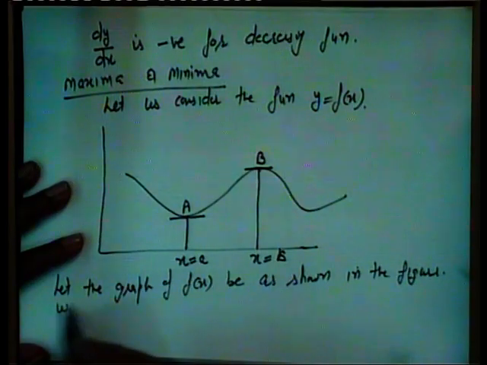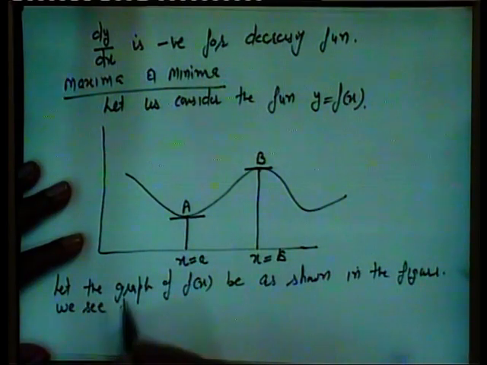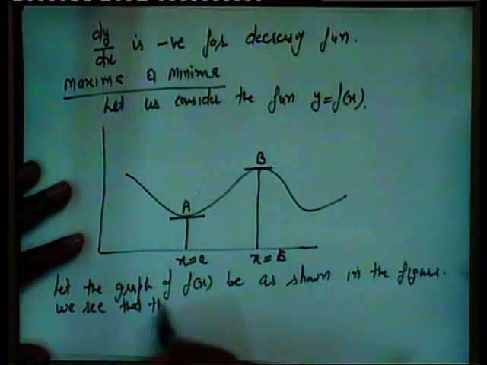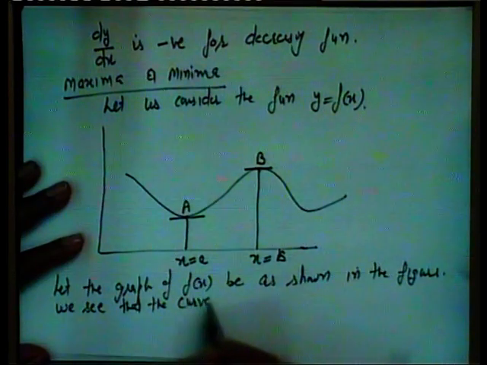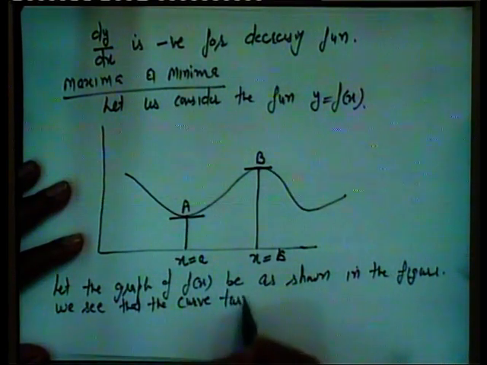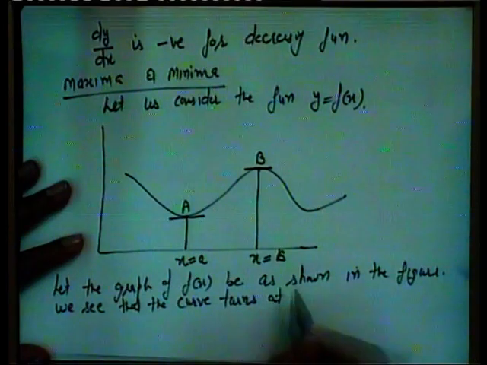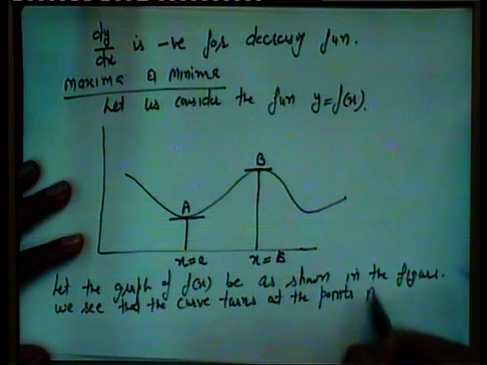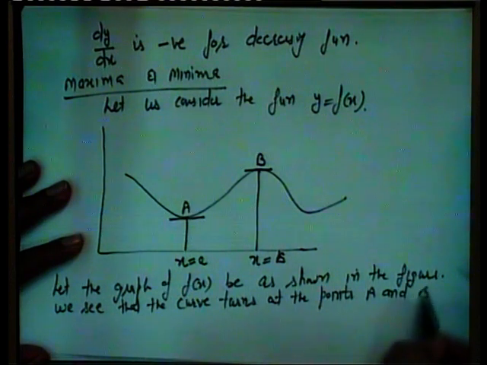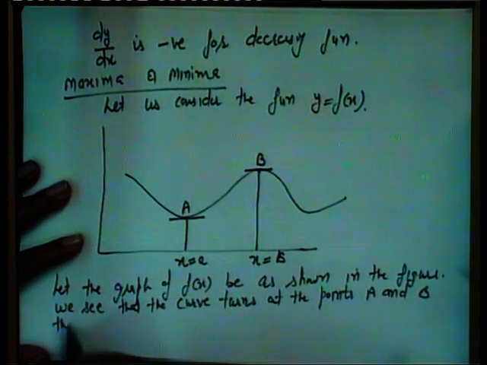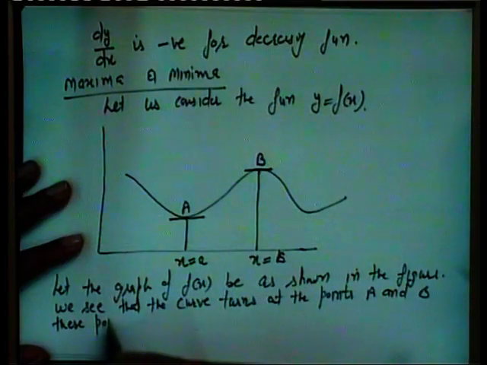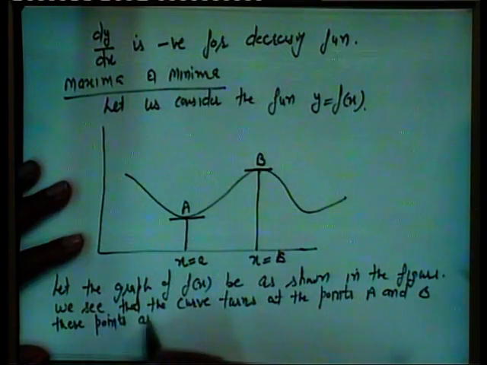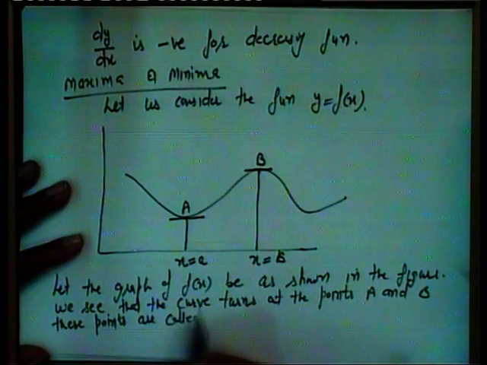We see that the curve turns at the points A and B. These points are called turning points.